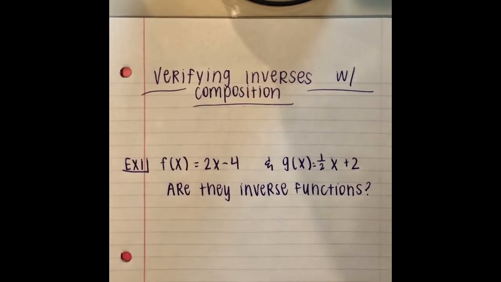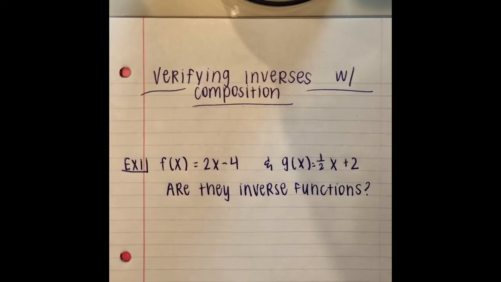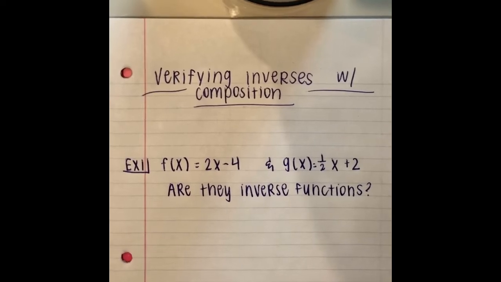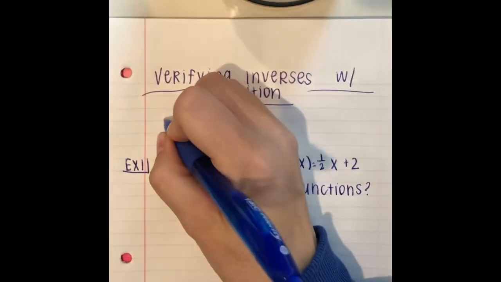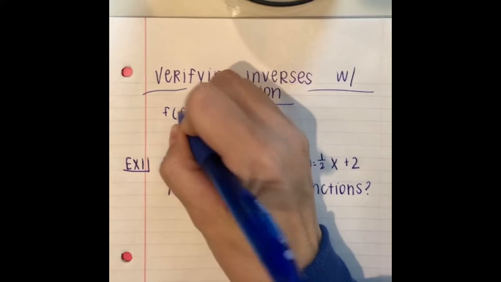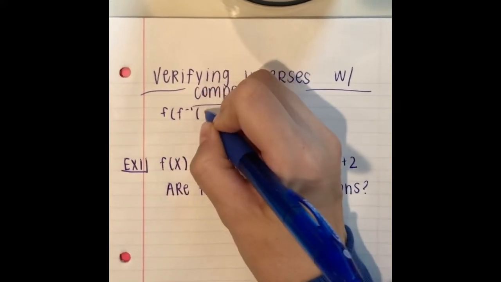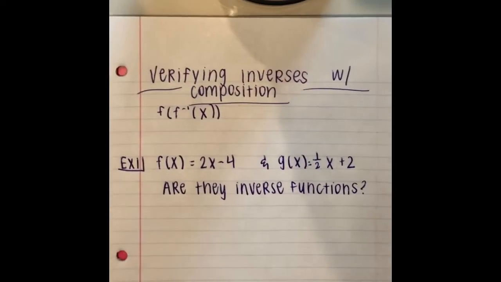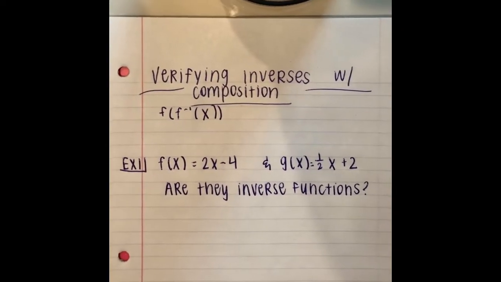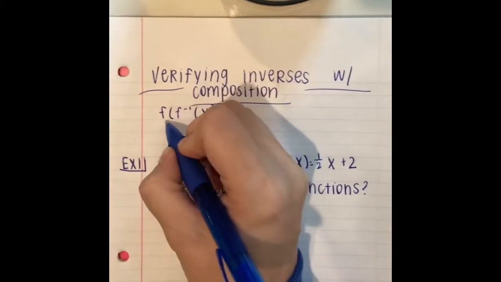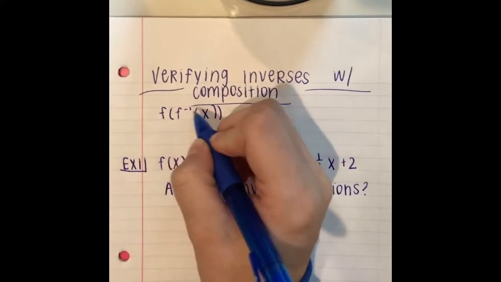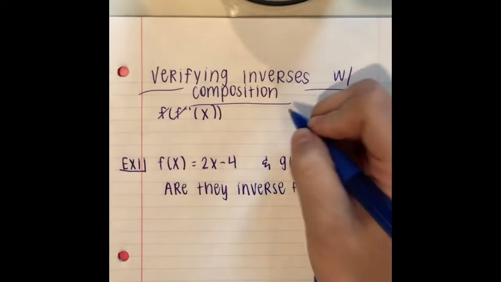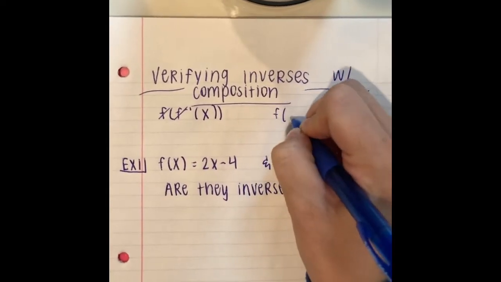is by using composition. So if you remember from last class, we said that if you have f of its inverse function of some value, we'll just say x for right now, what would happen is that the function and its inverse function, since they're opposites, end up canceling each other out, right? And all we are left with was x, or let's do it with a number.